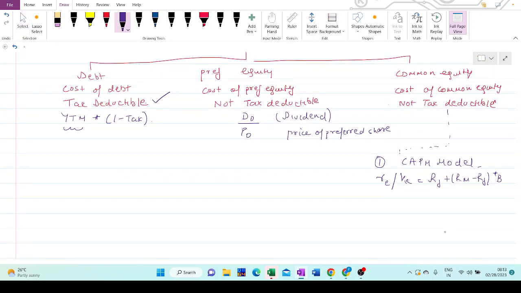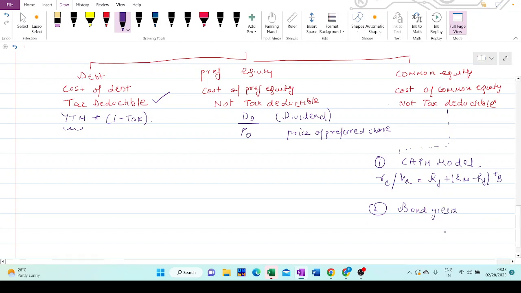And the second method that has been suggested in our CFA syllabus to calculate cost of common equity is the bond yield plus risk premium approach.